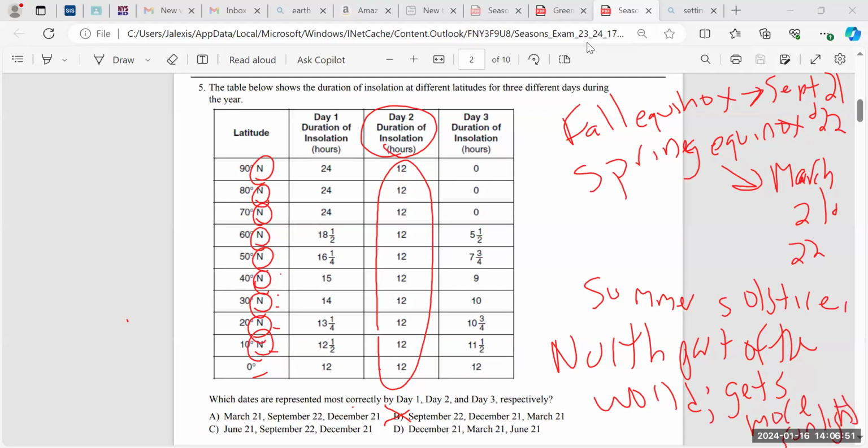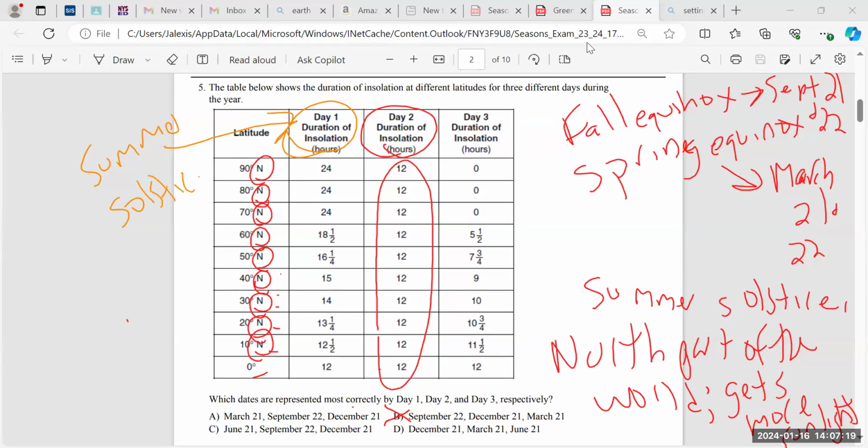All right, we're exposed to the sun a lot more during the summer solstice. So which day is the north part of the world, right, the northern latitudes, receiving more and more sunlight? I'm definitely looking, and it seems to be day 1, right? So day 1 definitely has to be the summer solstice.